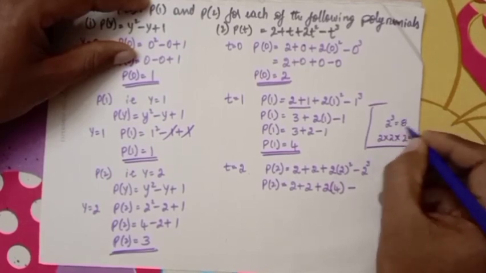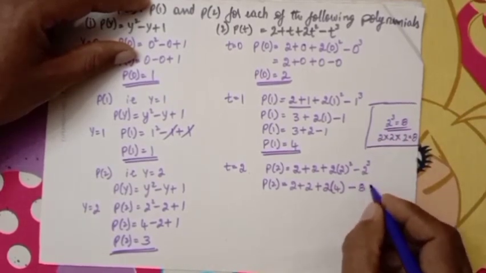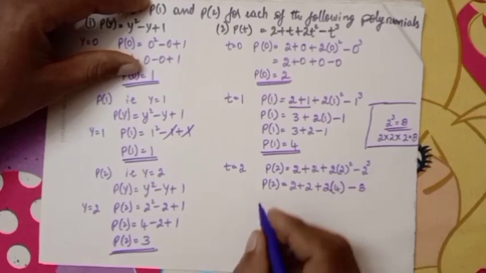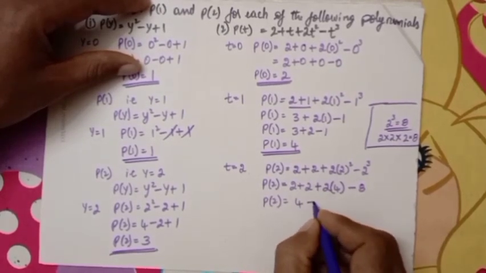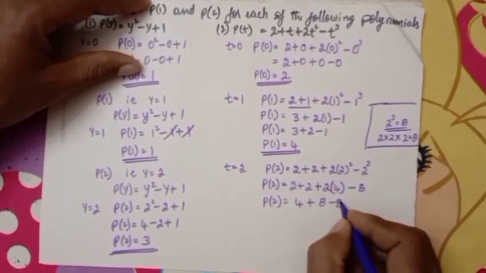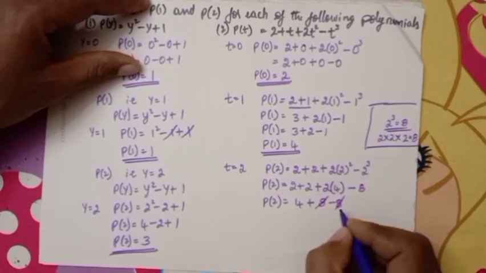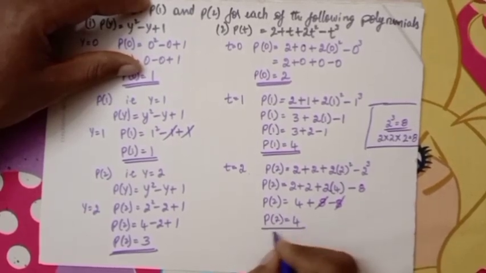So 2 cube is 8. So in place of 2 cube we will be writing 8 here. P of 2 is equal to 2 plus 2 is 4 plus 2 4s are 8 minus 8. Here plus 8 minus 8 cancels. P of 2 is equal to 4.